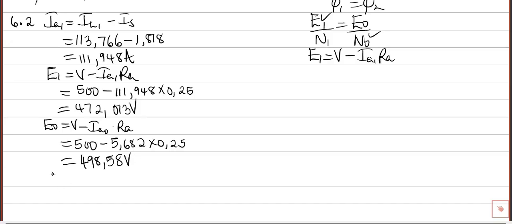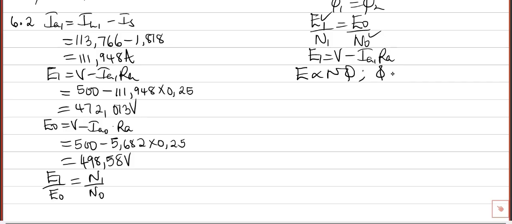From here, you go into the formula for speed control. Based on the original formula, EMF is proportional to speed and flux.